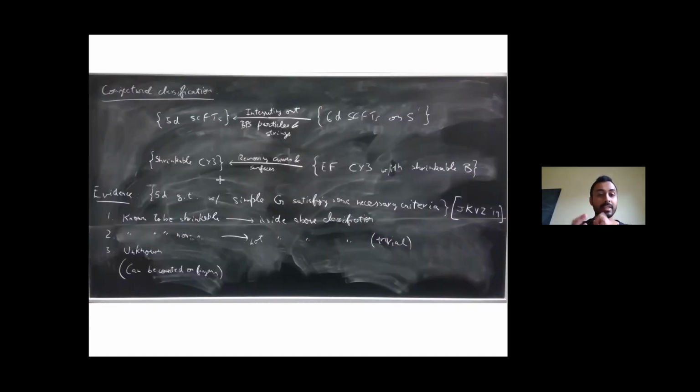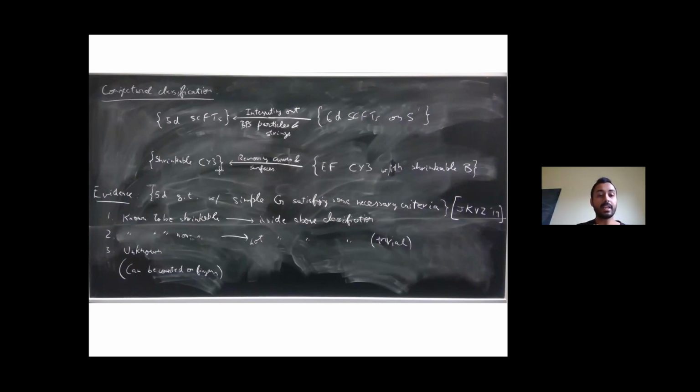So based on this evidence, now I can provide a conjecture for the classification. According to the conjecture, the set of 5D SCFTs should be obtainable by integrating out BPS particles and strings from 6D SCFTs compactified on a circle. Here, for 6D SCFTs, I'm assuming that they have a full classification in F-theory.